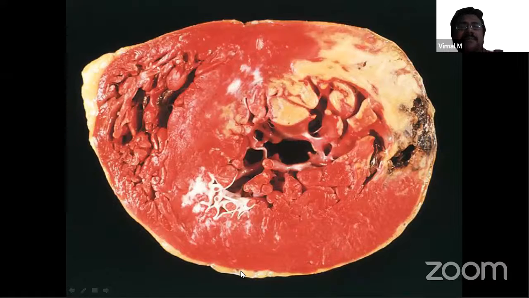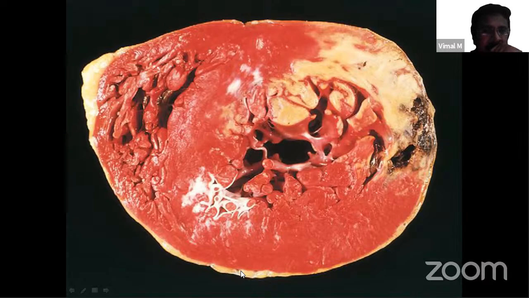Now, let us see this picture from Robbins. This is a gross picture of an infarcted heart which is stained with a stain called TTC. TTC stands for triphenyl tetrazolium chloride.